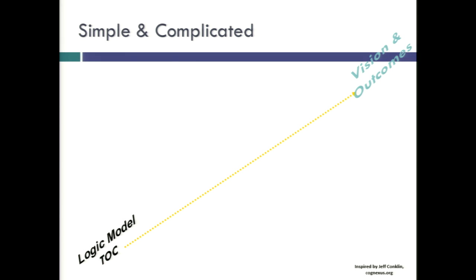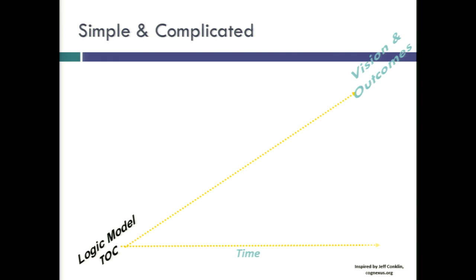Okay, so now we're almost to the answer of what do you do in a situation that's complex. Let's first review what do we do in a situation that's simple and complicated. So we often start with a logic model, and we know where we're going. We know what our outcomes are because our logic model told us what they are. We know the path forward because we've reviewed best practices.